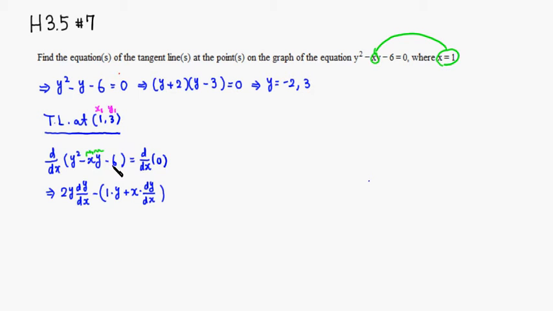The derivative of negative 6 is 0 because it's a constant, and the derivative of 0 is of course 0 because 0 is also a constant.